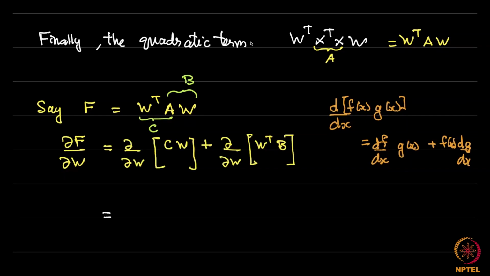What is derivative of C times W? We already calculated it. This is C transpose. And what's derivative of W transpose B? We know that that's B.